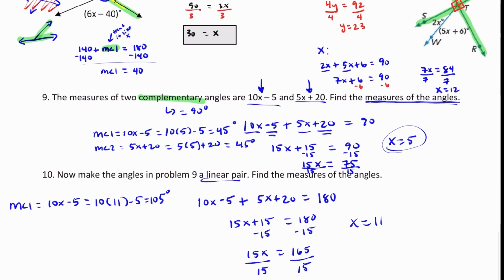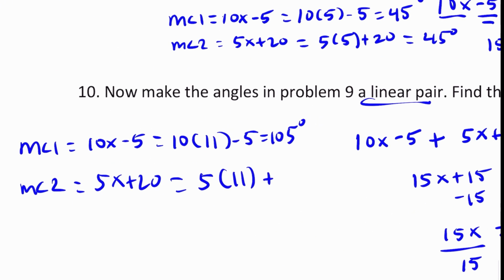And then the measure of angle 2 is 5x plus 20. So 5 times 11 plus 20. 5 times 11 is 55 plus 20. That's 75 degrees. So I have 105 degrees and 75 degrees. Those are my two answers for number 10.